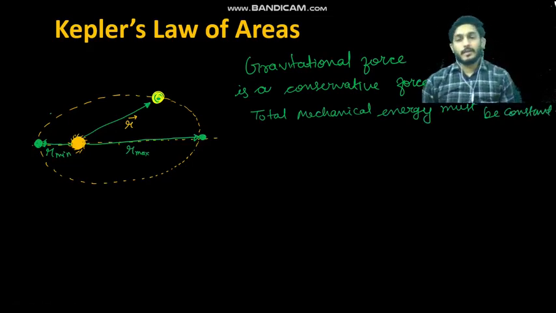That means whatever energy it has at any point of time in an elliptical orbit, that energy would remain the same. It would remain constant.